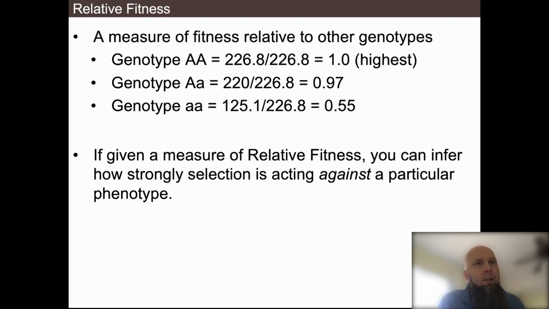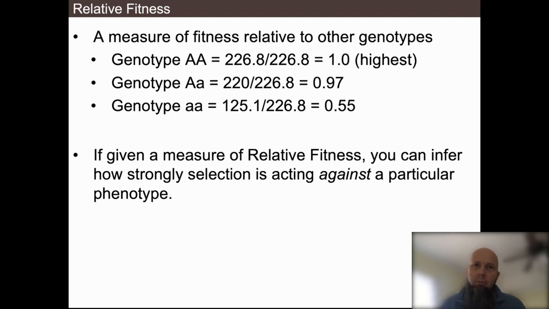So when we calculate the relative fitness of the homozygous dominant genotype, we divide 226.8 by 226.8. Its relative fitness is 1. The genotype with the highest absolute fitness is always going to have a relative fitness of 1.0. It's the point of reference.